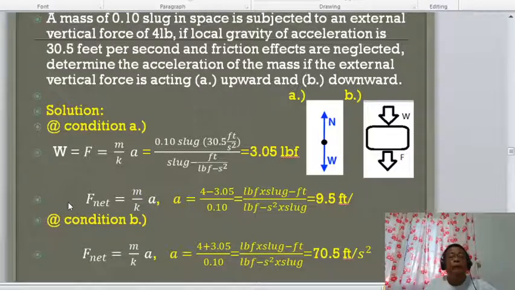So, if the direction of the weight and mass are the same, of course, we are going to sum up the 4 pound force and the 3.05 pounds. So the acceleration now here is 70.5 feet per second square.